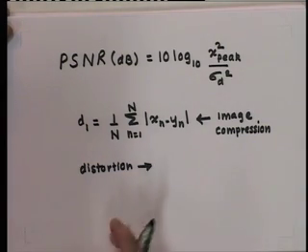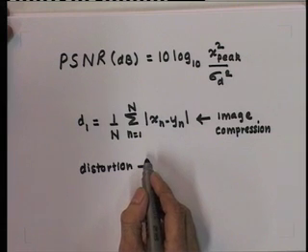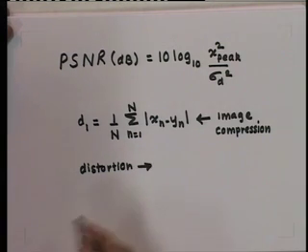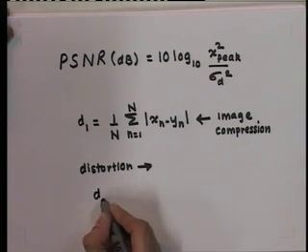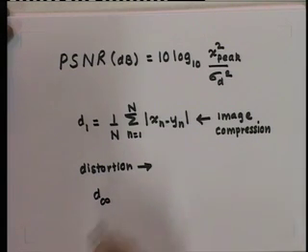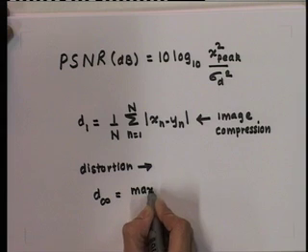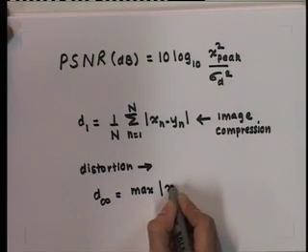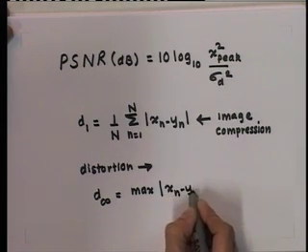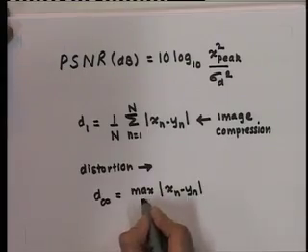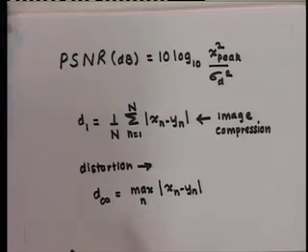So, in this situation, we might be interested in the maximum value of the error magnitude, and we define another distortion measure as d infinity is equal to the maximum difference over the sequence.